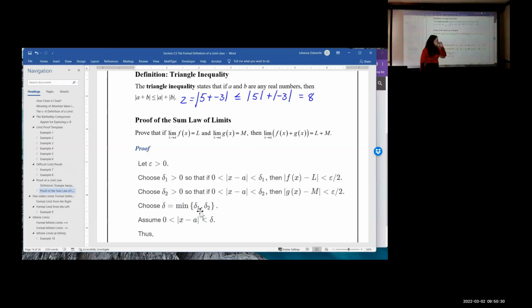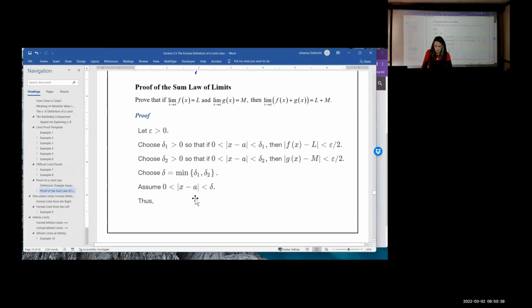All right. So we did not prove the limit laws when we stated them earlier in section, I think it was 2.2. We just stated them. We didn't actually prove them. So we start with let epsilon be greater than 0.